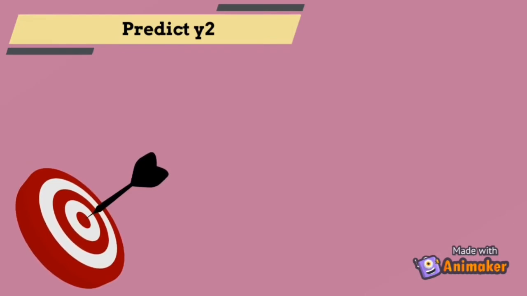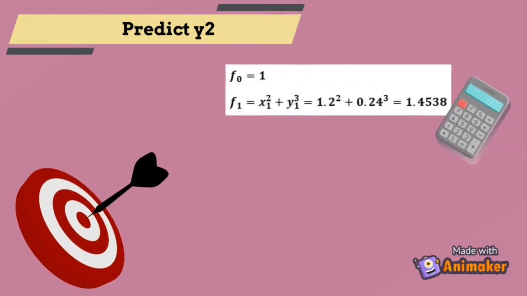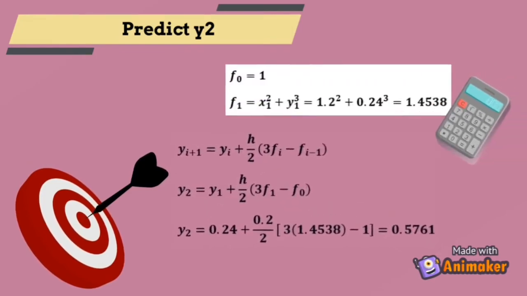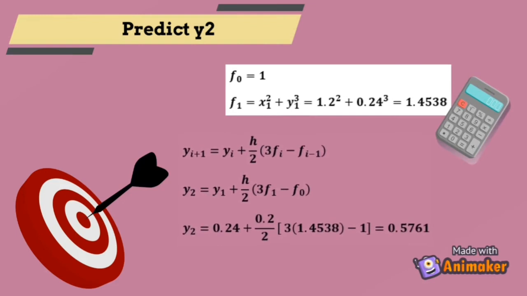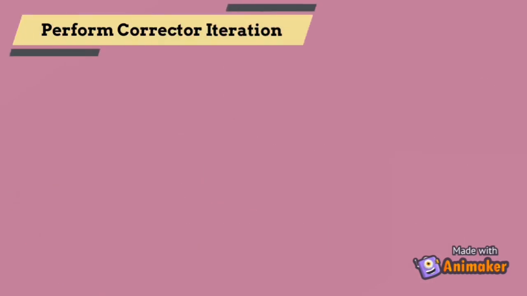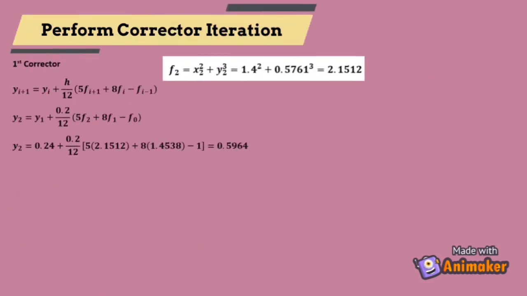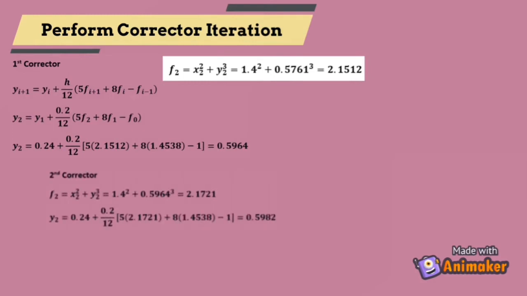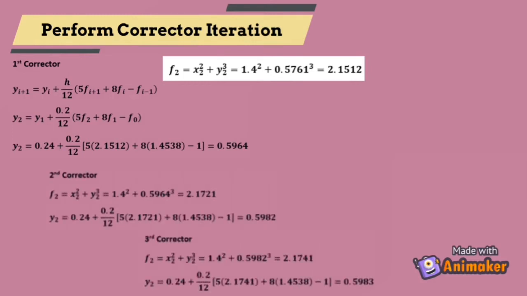Next step is to predict y2. Calculate f0, f1 and substitute it in the formula, and we will get y2 equals to 0.5761. Then correct it and obtain the value of y2. Do the corrector 2 more times as the question asks to perform 3 corrector iteration per step.